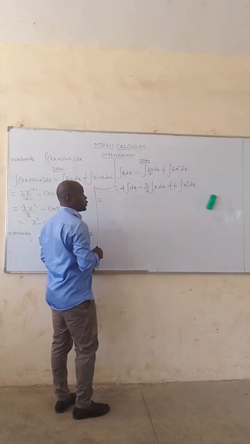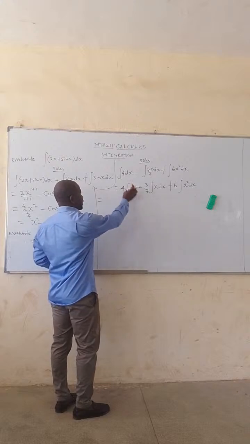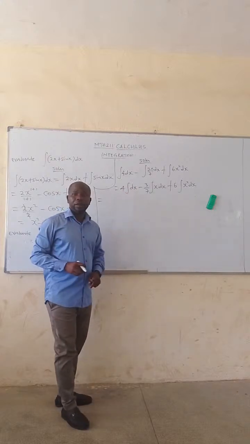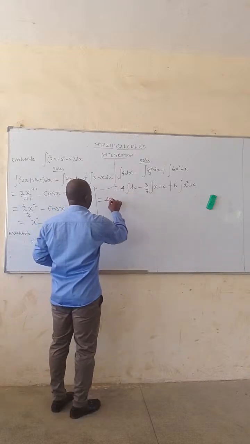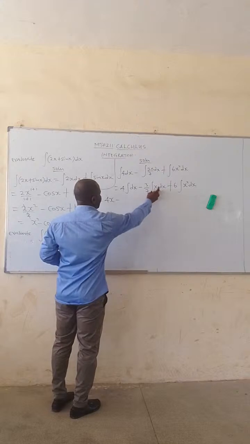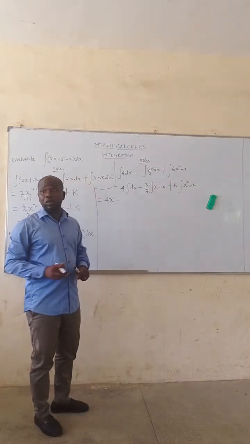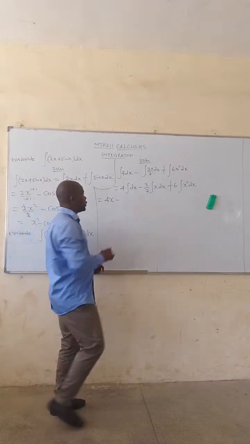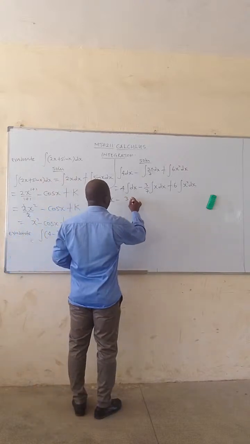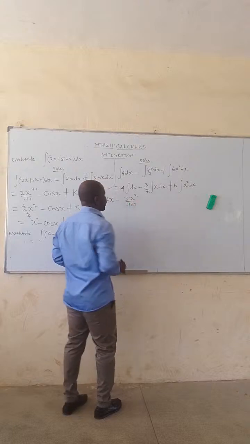This is equal to, if we integrate dx, we have x, multiplied by the constant, 4x. Then minus, if we integrate x dx, we have x squared all over 2, so 3x squared all over 7 times 2.